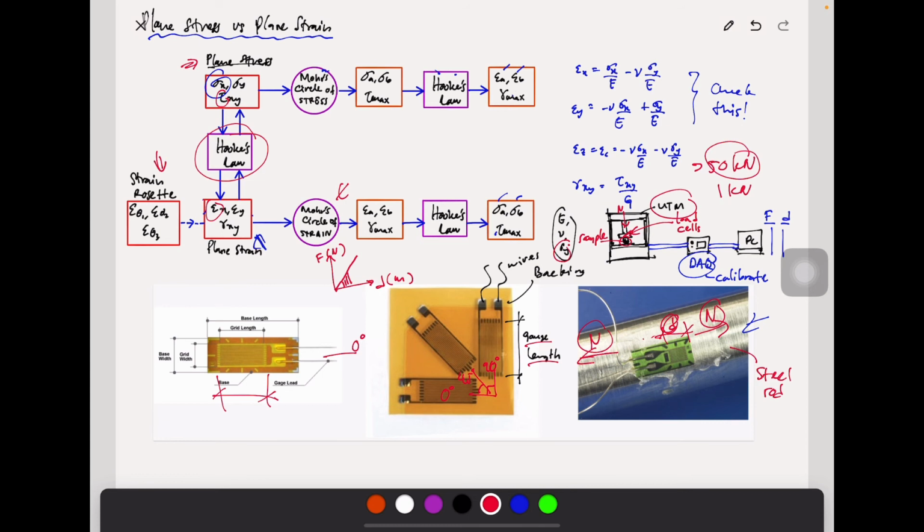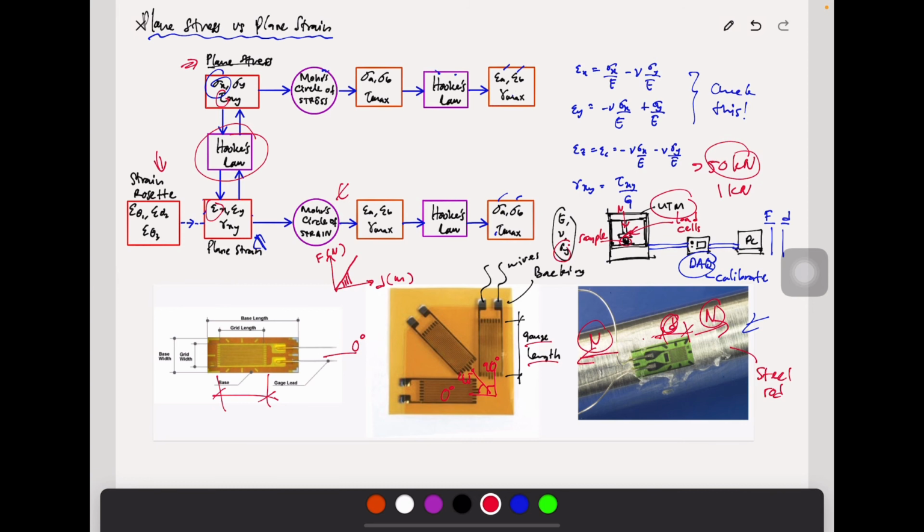So the strain rosette is important. That is why strain transformation is important to understand, to know each and every related equation to this concept of strain transformation.